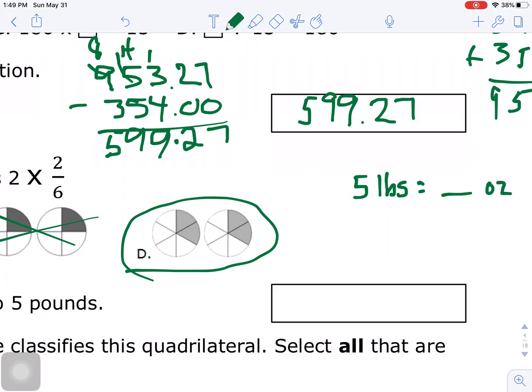So I'm going from a larger unit of measure to a smaller unit of measure. And when I go from larger to smaller unit of measure, I'm going to divide.